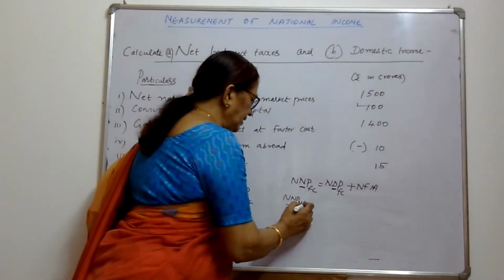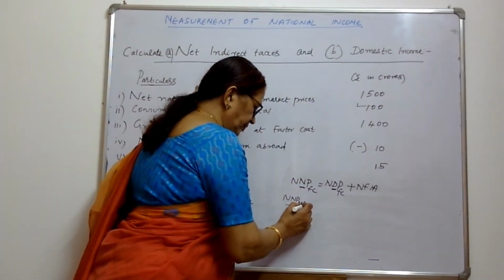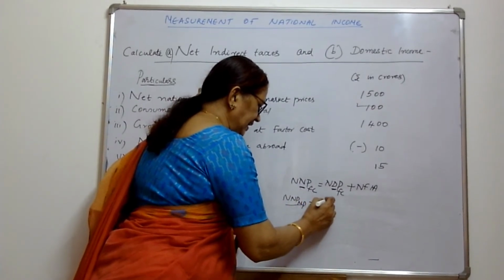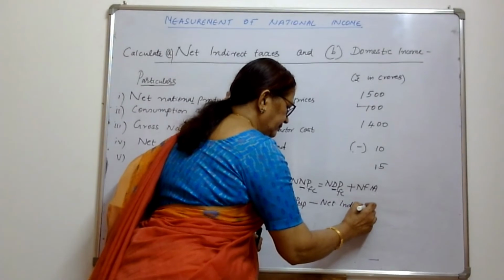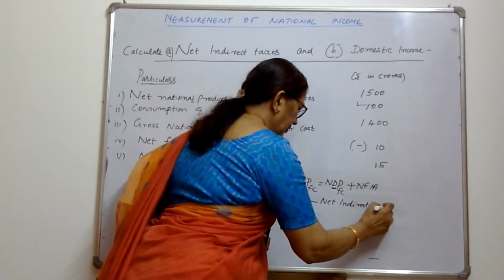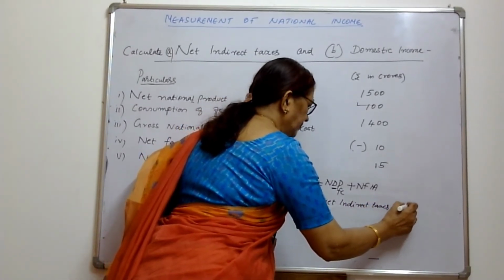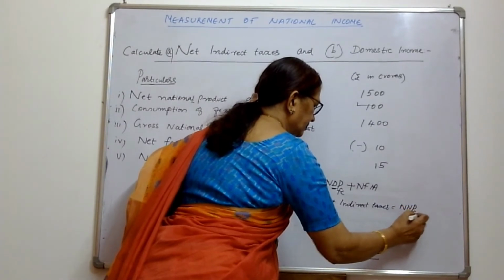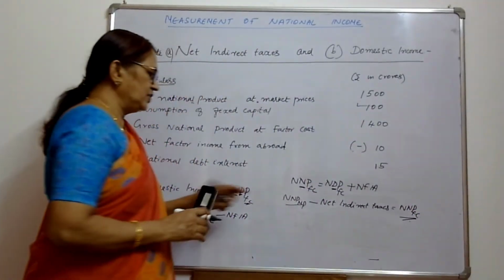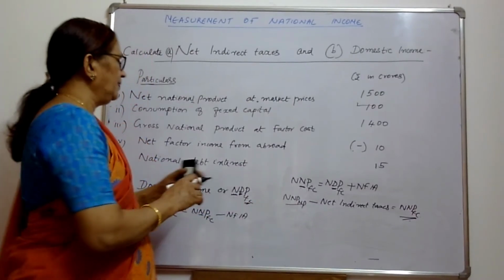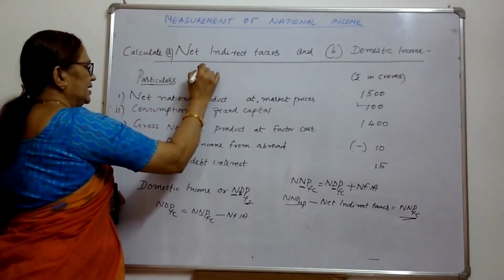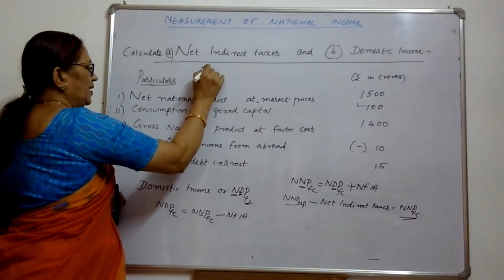So NNP at market price minus net indirect tax, we will get NNP at factor cost. So in order to arrive at domestic income from NNP at market price, how will we calculate?